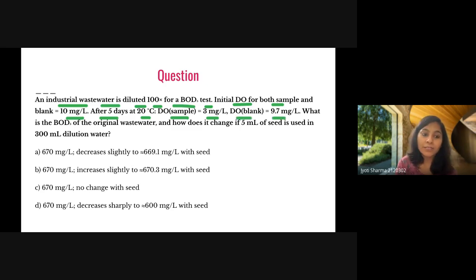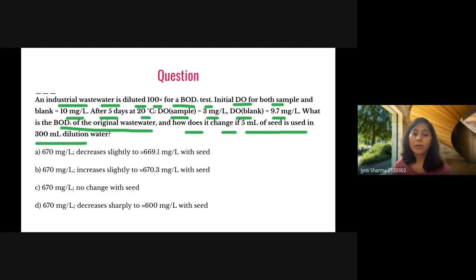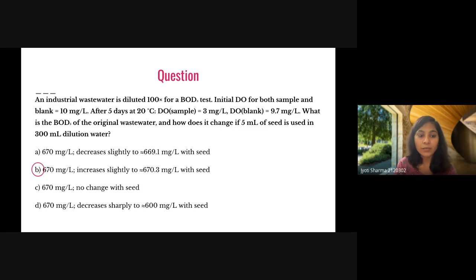First you have to calculate the BOD of the original wastewater, and then how does it change if 5 ml of seed is used in 300 ml dilution water. A very basic formula that we already discussed will be used here.